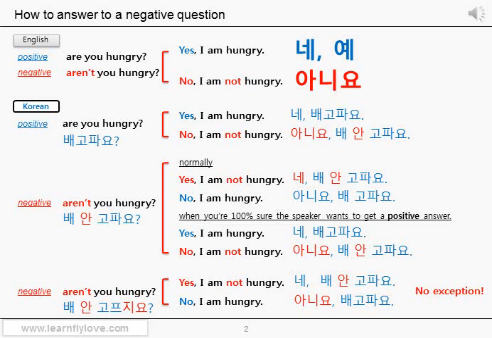So you use 네 or 예 with a negative answer to a negative question. Remember that. Second, since it's a bit hard for you to fully understand this, please make a full sentence all the time. For example, "Yes, I am not hungry," or "No, I am hungry." Whether the answer is yes or no, you better say the rest of the sentence so that there will be no miscommunication. Very good.